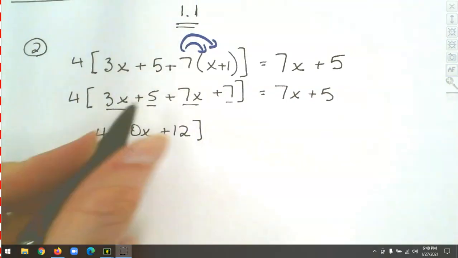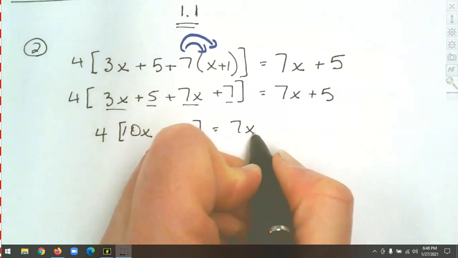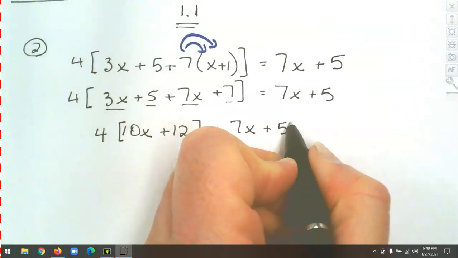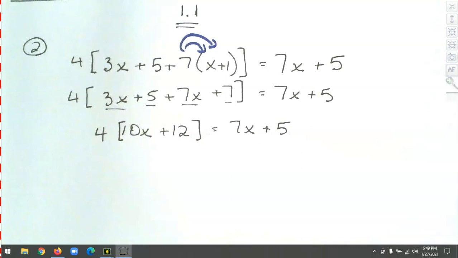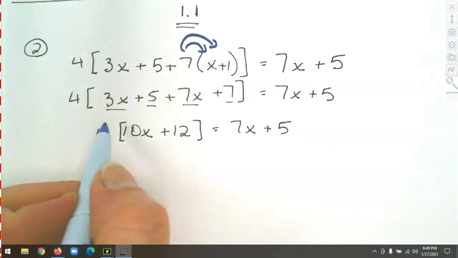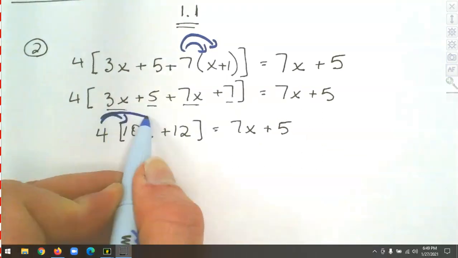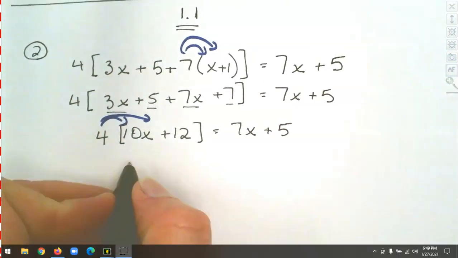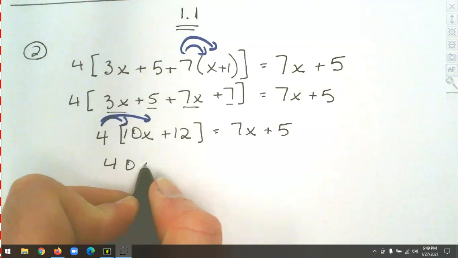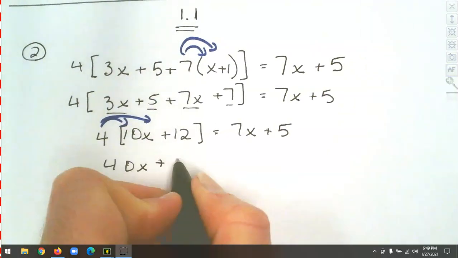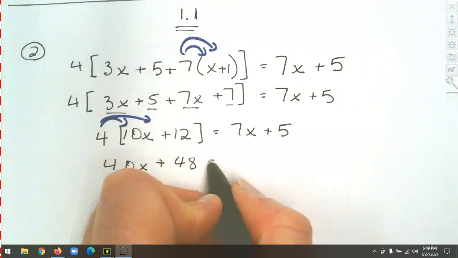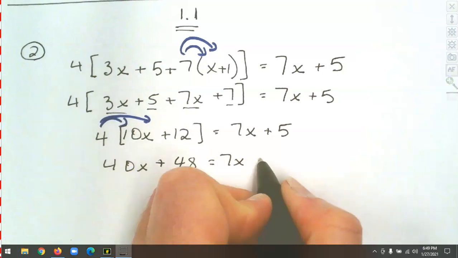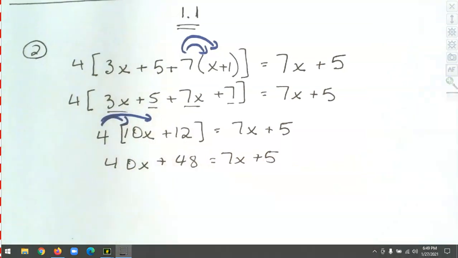Now square brackets behave exactly the same as parentheses. So we'll distribute that 4 through. And that leaves you then with 40x plus 48 equals 7x plus 5.